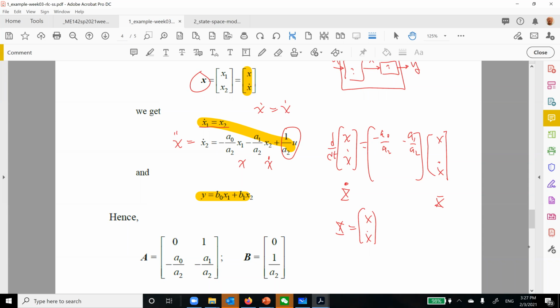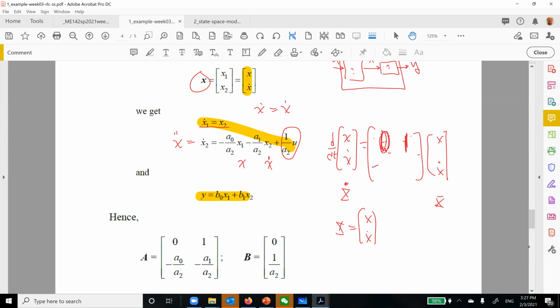Oh no, this should be downwards. Sorry. So x dot should be just x dot. So this is 1, this is 0, okay? x dot is x dot.